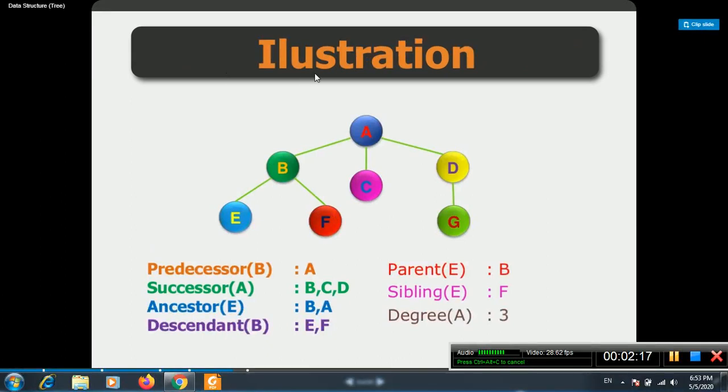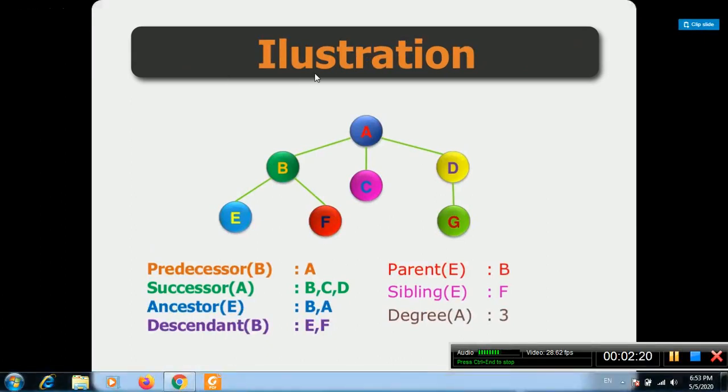Here is an illustration of tree. This is the basic tree.